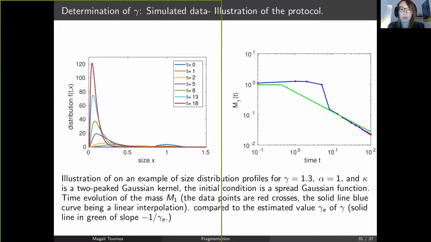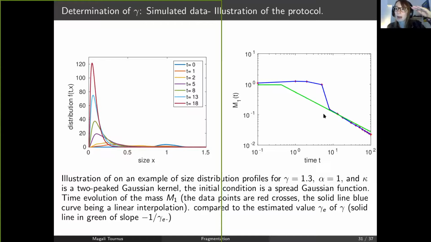And the protocol we decided to use is as follows. I illustrate it on simulated data. On the left, I have simulated data, and on the right, I plotted as a function of time M1 of t in log-log coordinates. The data points I have are in red on the pictures. If I interpolate linearly, I have the curve in blue.